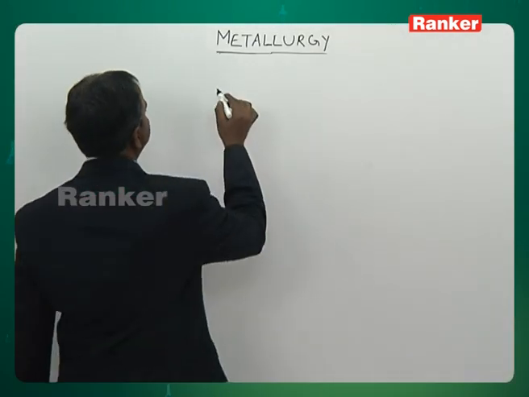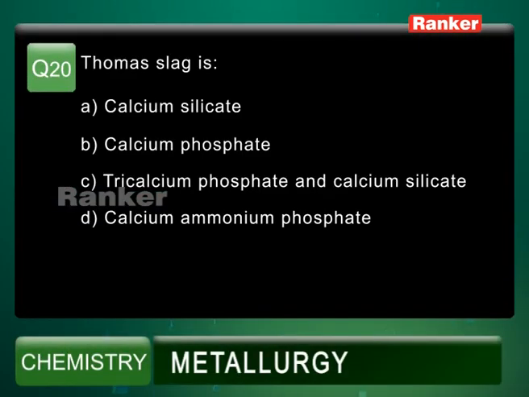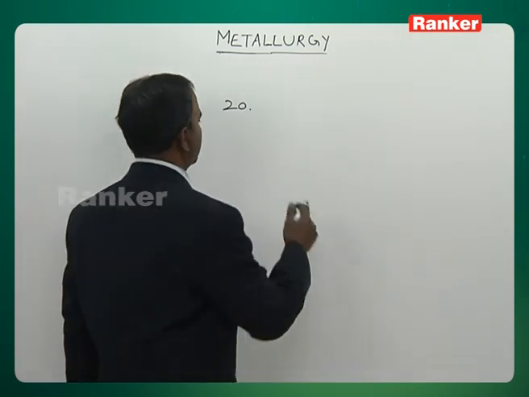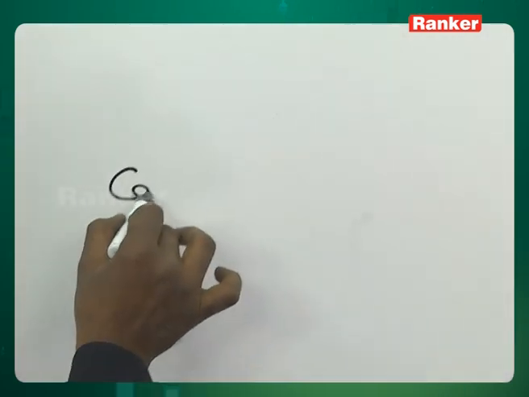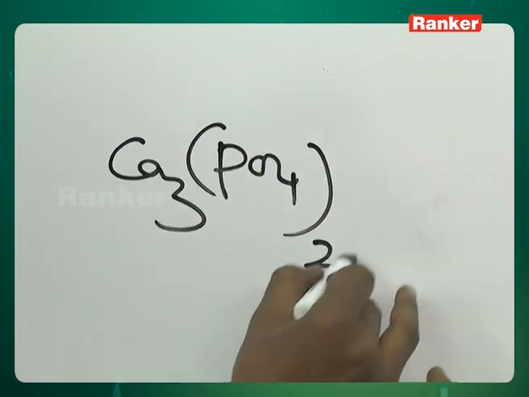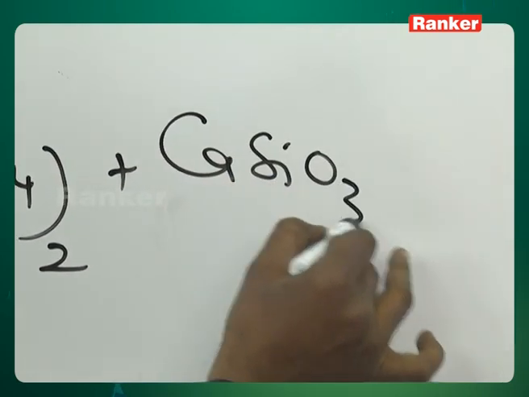Question number 20. Thomas slag is: calcium silicate, tricalcium phosphate, calcium silicate, calcium ammonium phosphate. Thomas slag is actually a mixture of calcium phosphate plus calcium silicate.